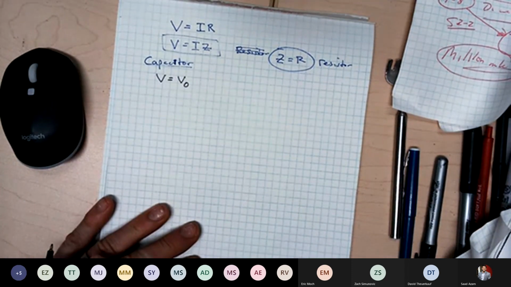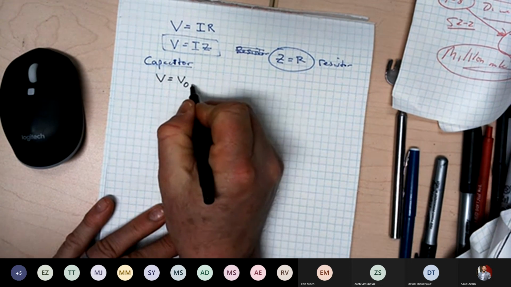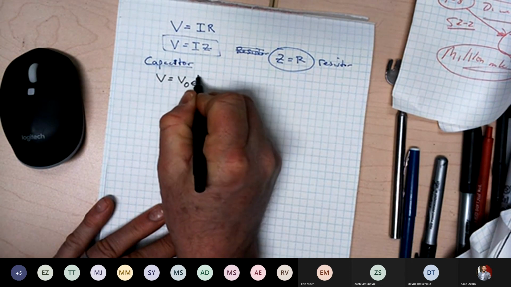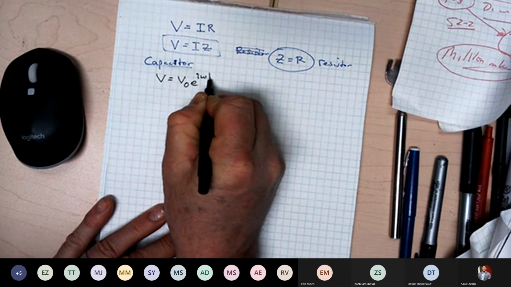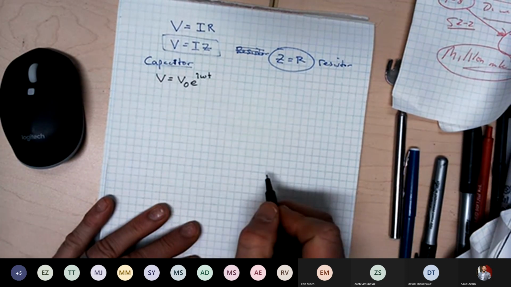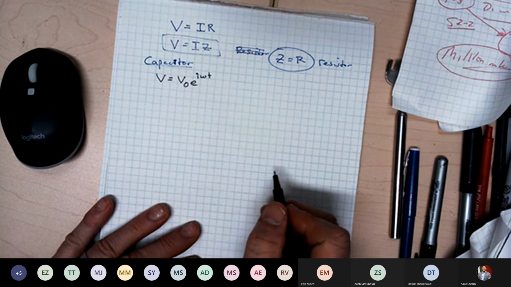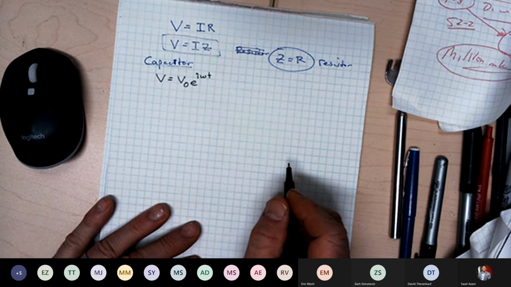Now, if we want an AC signal, we could say cosine omega t, or we could say sine omega t. But all the mathematical manipulations are very cumbersome if you use sines and cosines. So we use complex numbers instead: e to the i omega t. Now what does this mean? If you haven't done AC circuits in complex number notation, you'll be asking what this means.